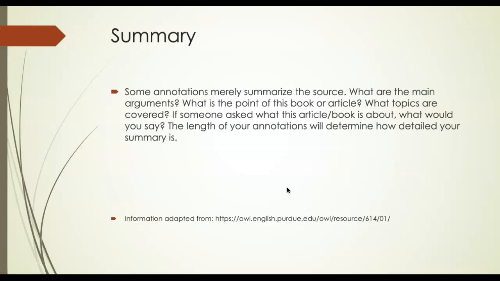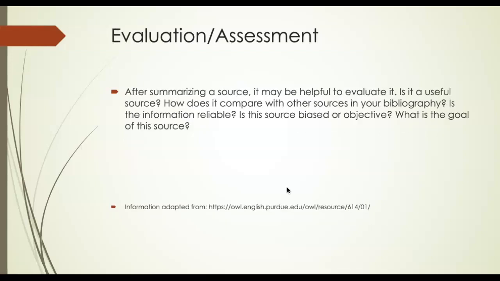The length of your annotation will determine how detailed your summary is. I believe for this assignment, you're required to write an annotation of 8 to 10 sentences per source. So your summary might be 3 to 4 of those sentences. Then you're going to move into evaluating and assessing the source. So here you're going to answer the questions: is this a useful source?